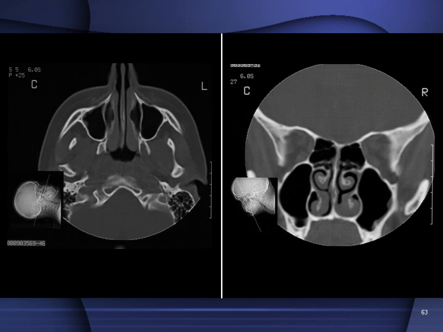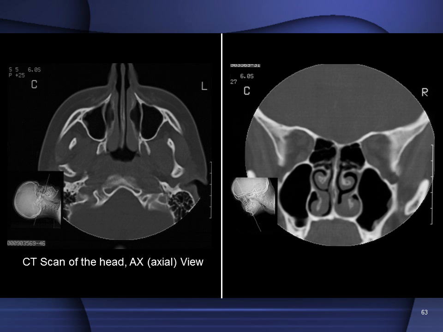These two images show various slices obtained from a CT scan of a patient's head. On the left is an axial scan, and it's nice that the radiographer gives us the insert on the left lower corner of the film that shows us the plane of section, or the plane of the axial slice.